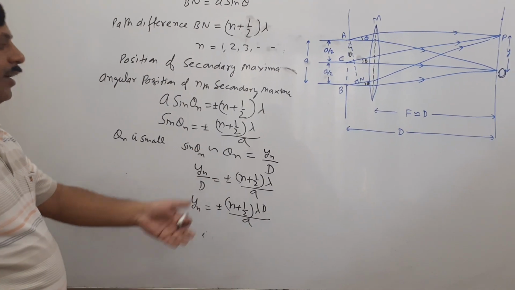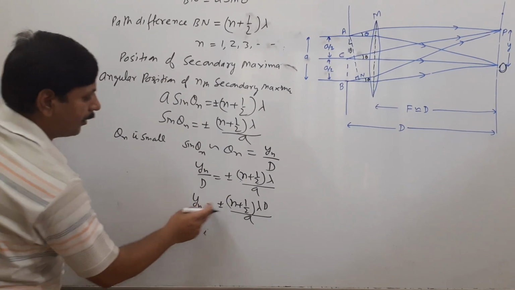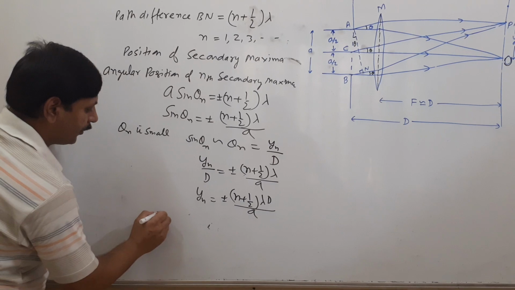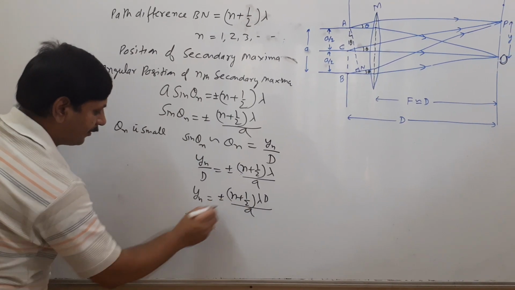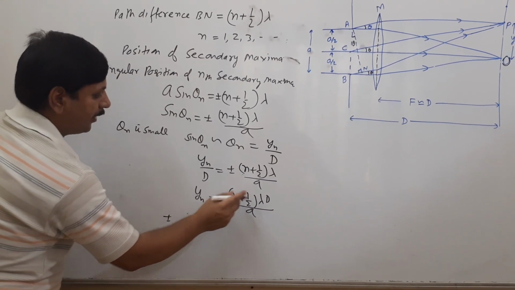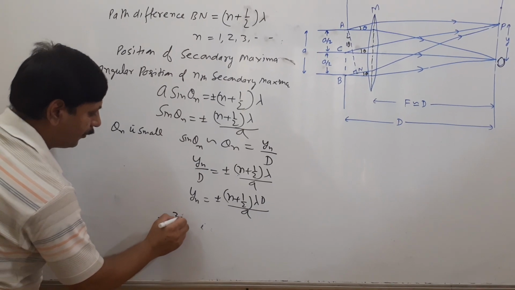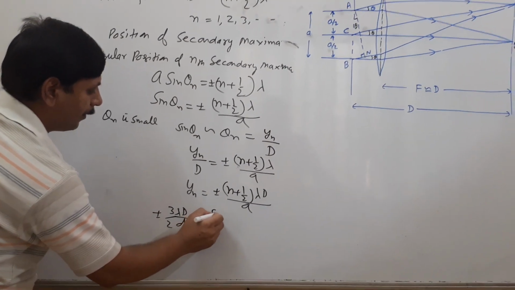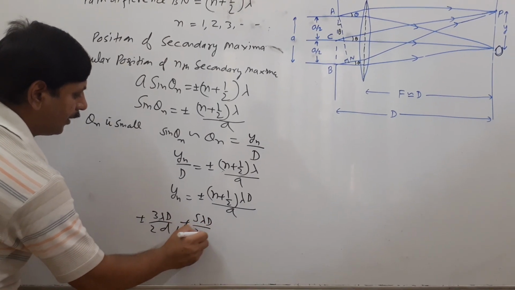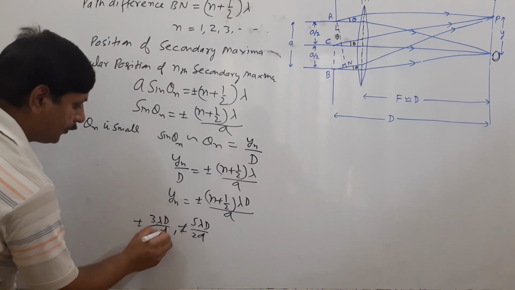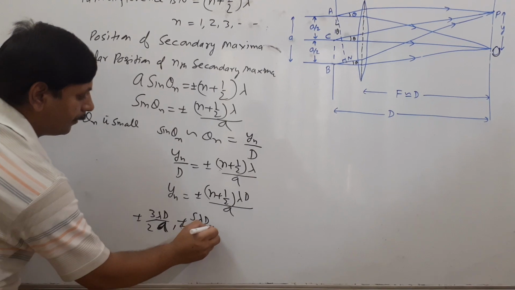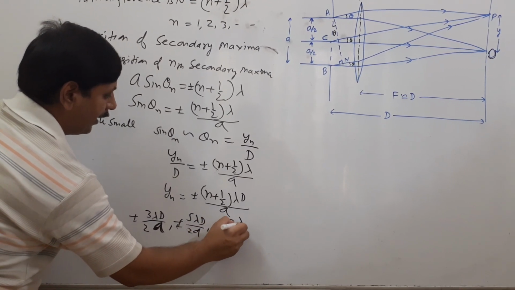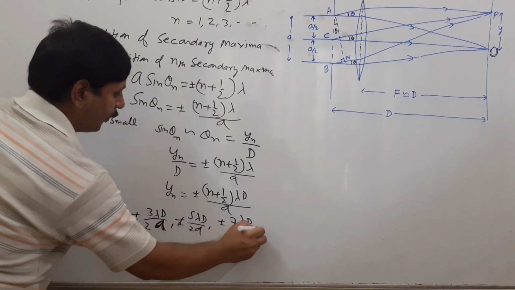So for the first secondary maxima, the position will be plus minus 3/2 lambda d upon a. Next will be 5/2 lambda d upon a. Next will be 7 lambda d upon 2a.